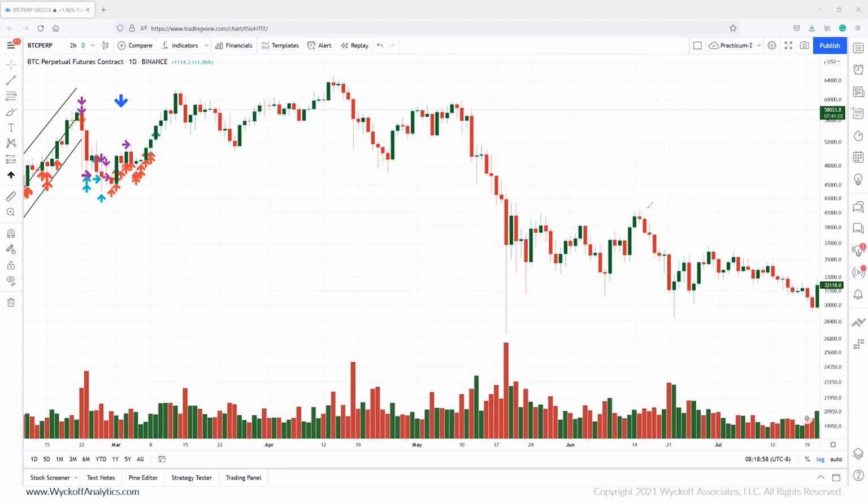We would look at the previous decline. For instance, these bars right here have some increase in selling. I see that this bar right here also has that initial off-the-top selling. I see this bar also has off-the-top selling. I see this bar, and obviously the climactic action itself has those characteristics where supply is increasing.